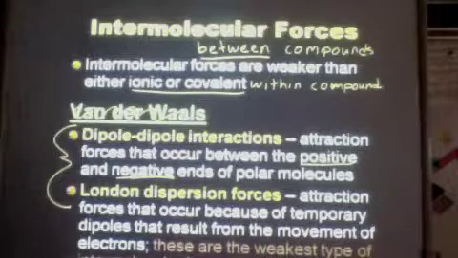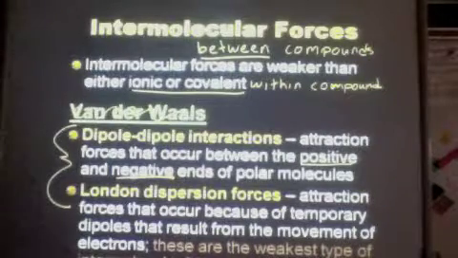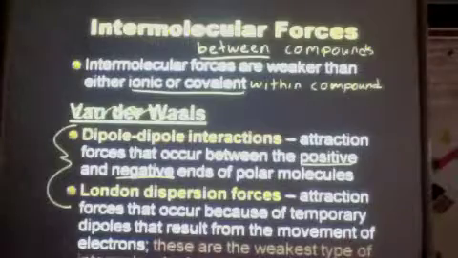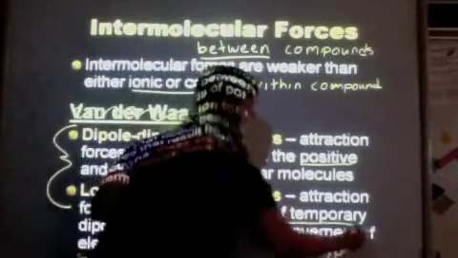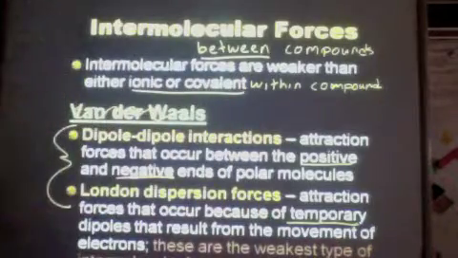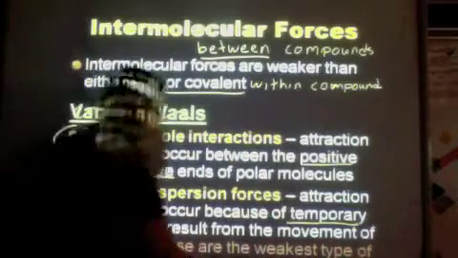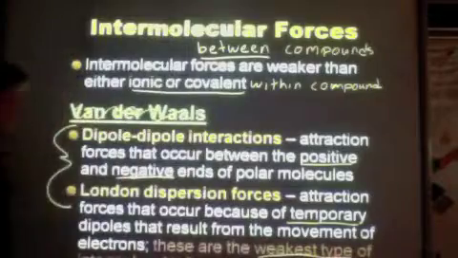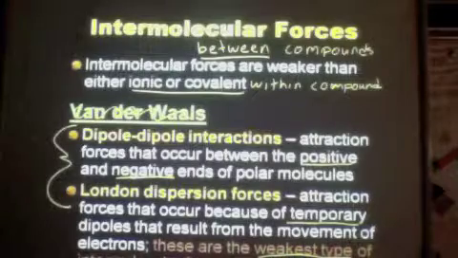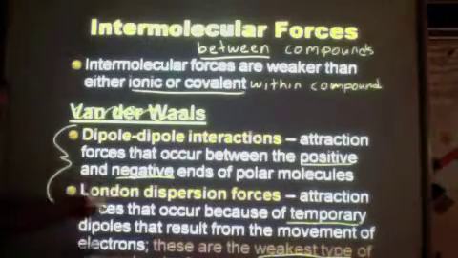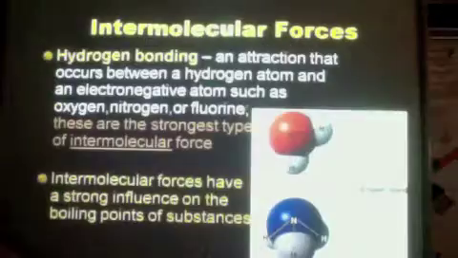If you have a partial positive and a partial negative, they're going to be attracted to each other. London dispersion: same thing, except they are temporary. Since they are temporary, they are the weakest type of intermolecular force. So if you think about London Bridge falling down, same thing, weakest, so they're falling apart.